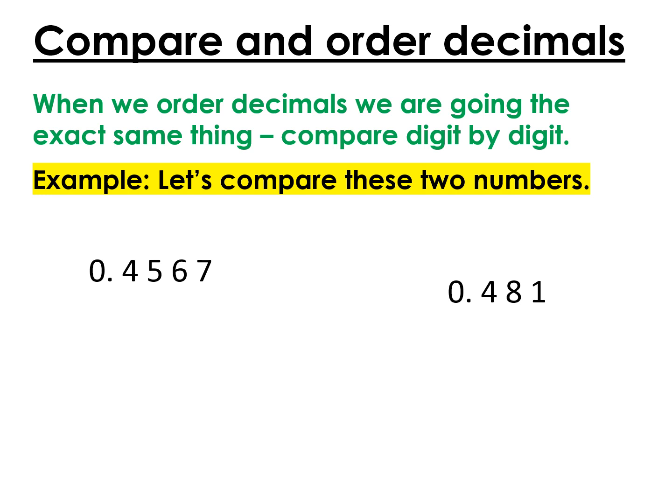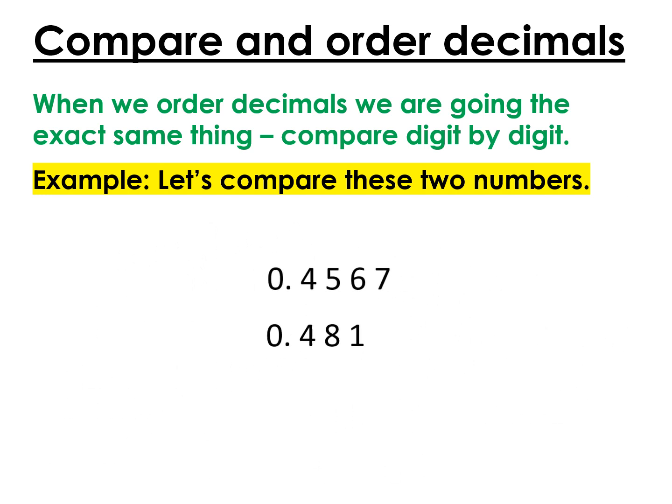Now if you look at both numbers there, you'll notice that this one here has more digits than this one. But what we're going to do is compare both numbers and then see which one would go first and which one would go second.